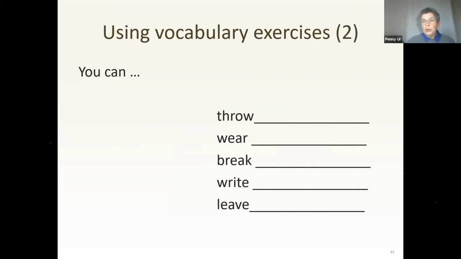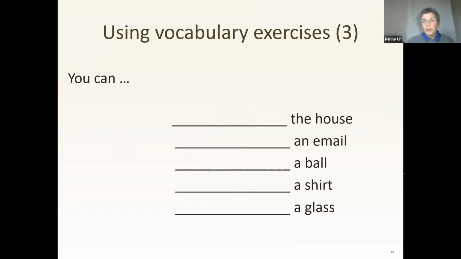So you can throw, and you invite students to say all the things that they can throw. Okay, they can throw a ball, but they can throw all sorts of other things as well. They can throw an apple, they can throw a book, they can throw whatever they like, and you wear, and they can say all the things they can wear. And you're getting them to speak a lot more while you're still practicing the target verbs. If you want to practice the nouns, you simply do it the other way around. What can you do with these various things?